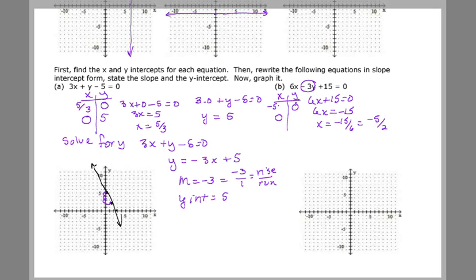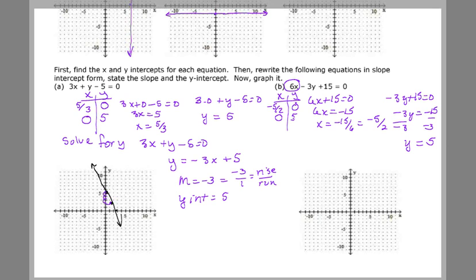So there's my x-intercept. And my y-intercept, I let the x be 0. So if the x is 0, I end up with negative 3y plus 15 equals 0. Well, I'll take the 15 over, divide by negative 3, so I get y equal 5. There's my y-intercept.